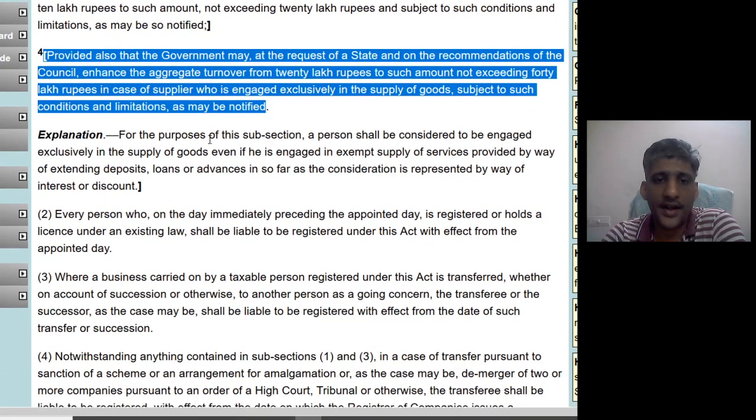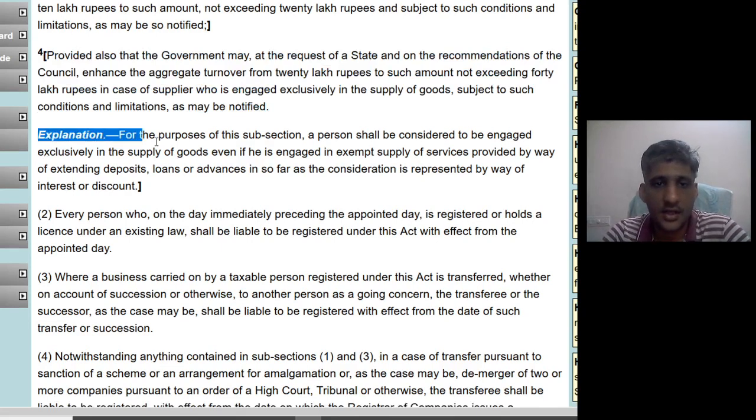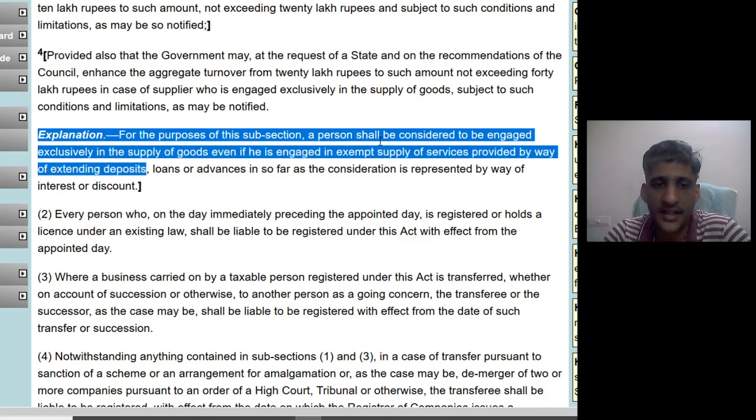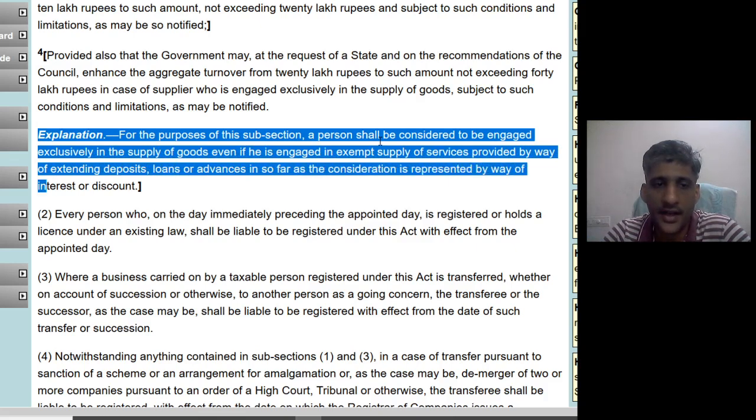Provided further, for the purpose of this subsection, a person shall be considered to be engaged exclusively in supply of goods even if he is engaged in exempt supply of services by way of extending deposits, loans and advances, so far as the consideration is represented by way of interest or discount. In other words, he may be a trader, he can also have some interest income. Having an interest income is not a problem. He should not have any service income, it should be purely goods.